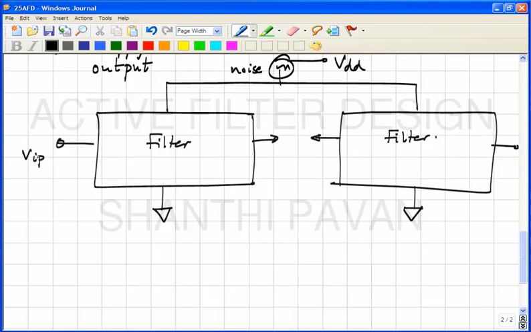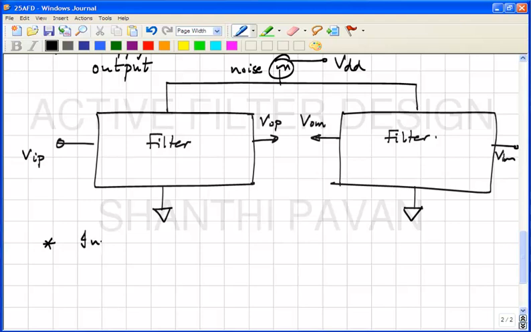we have Vi plus, Vi minus, Vo plus and Vo minus. So now I say my input signal, the signal which I am interested in, is not VIP nor is it VIM. My input signal is represented as the difference between VIP and VIM.